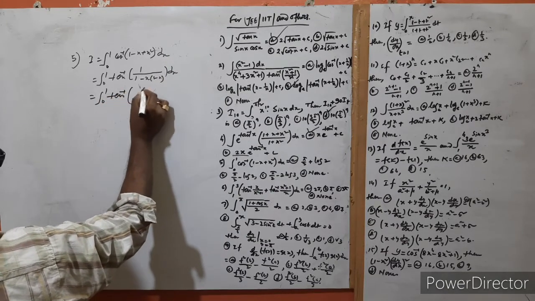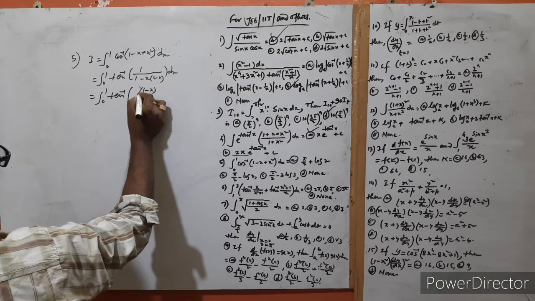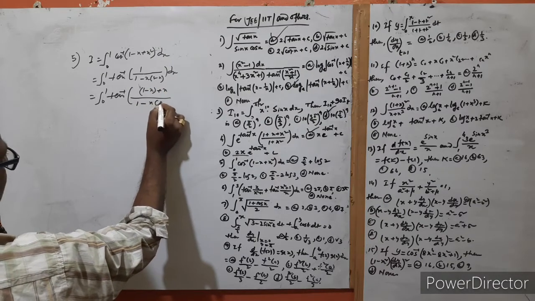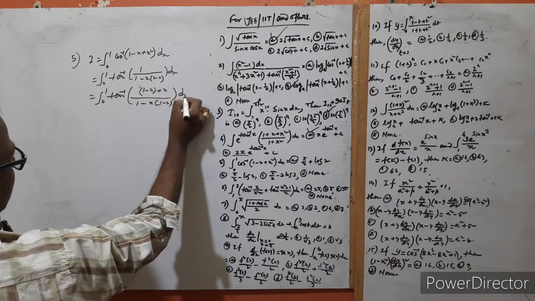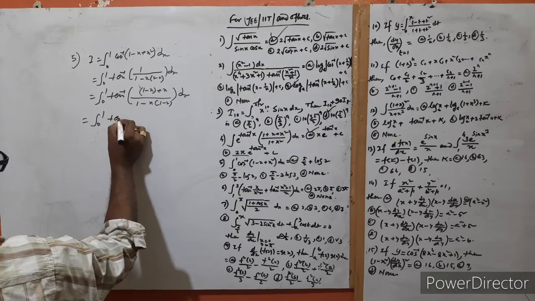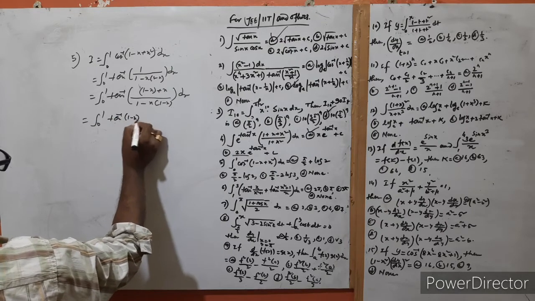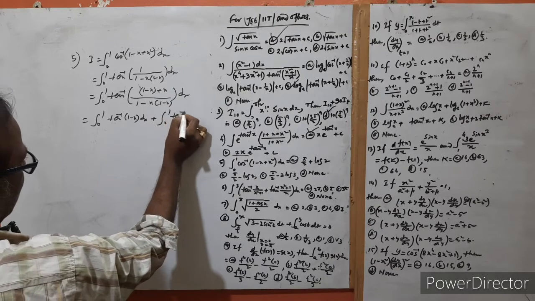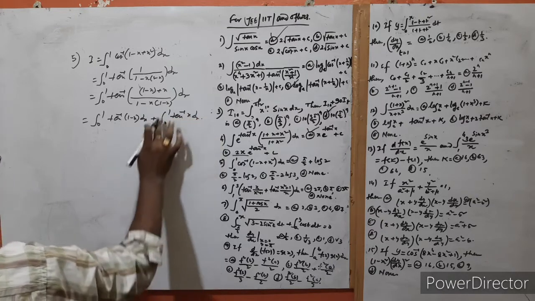Now tan inverse of 1 minus x plus x, then we get 1 also, so we can do it like that. And you know that inverse formula, that is tan inverse of 1 minus x dx plus the integral from 0 to 1 of tan inverse x dx.